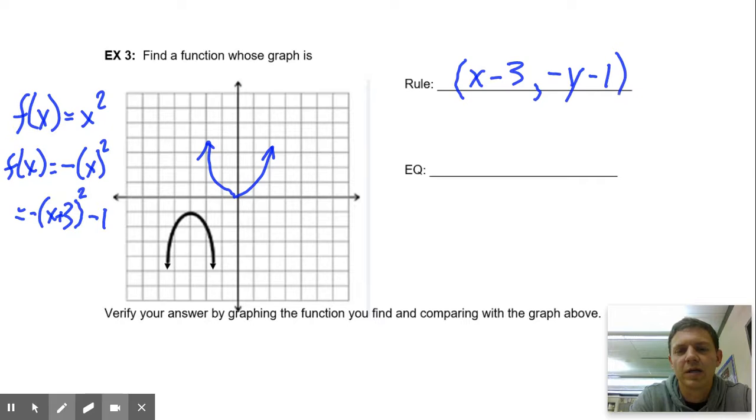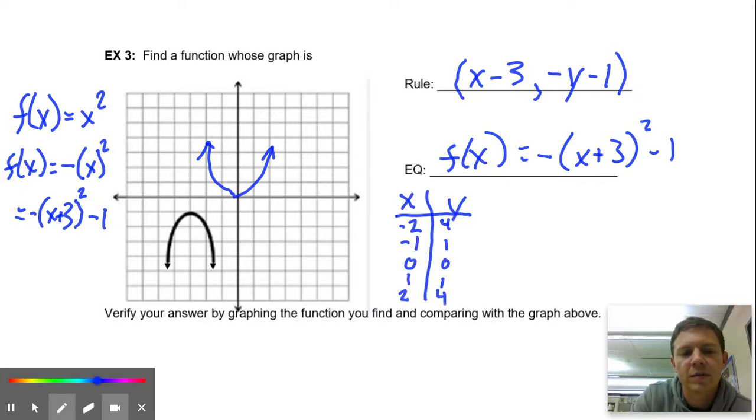So we need to subtract 3 from all our x's. It moves to the left 3. And our y's need to change sign, because we're flipping upside down, and then subtract 1. So our equation we already wrote would be f of x equals negative (x plus 3) squared minus 1.